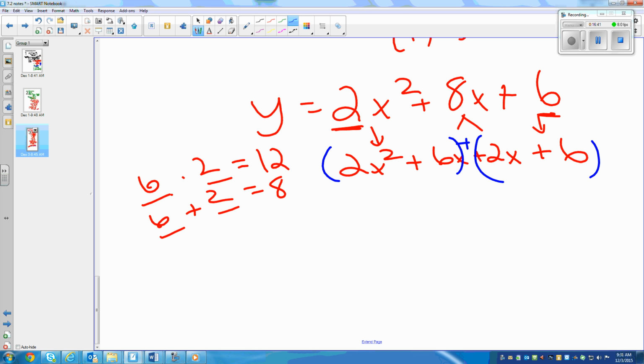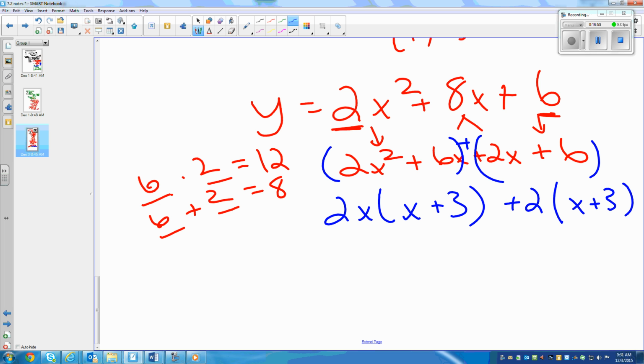Then we take out common factors from each. So what's the common factor out of this first one? 2x. So we're left with x plus 3. What's the common factor of the next one? Plus 2. So we're left with x plus 3. See, you have something common in each term. It's x plus 3.